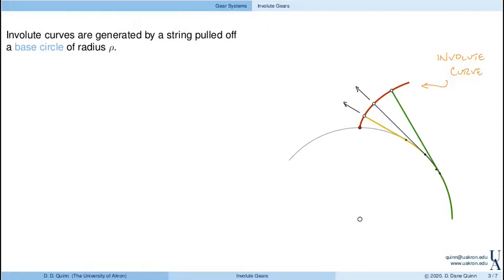But this curve, the involute profile, always has a normal that's in the direction of the string and therefore tangent to this curve. So the normal to an involute curve, which is going to be represented as N, is in the direction of the string as we pull it off.